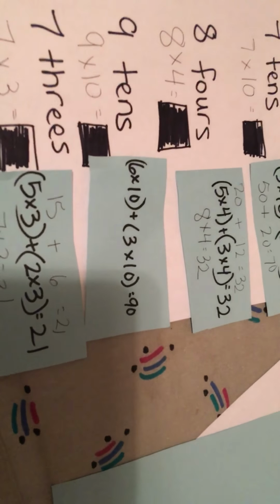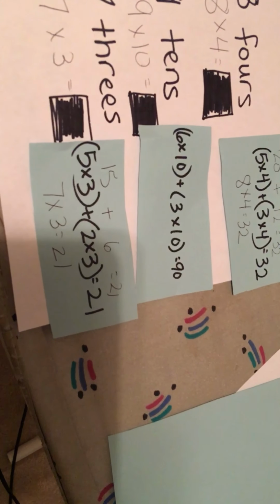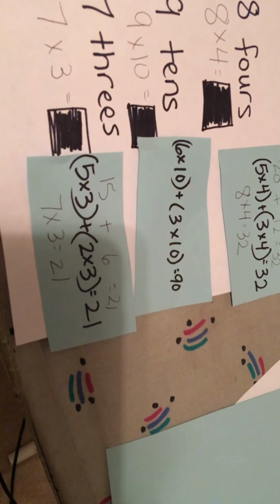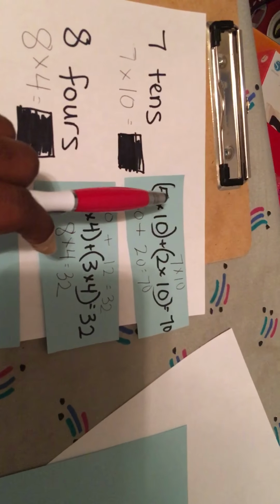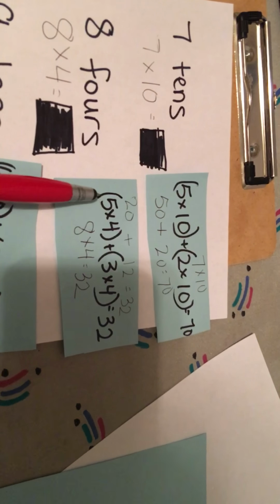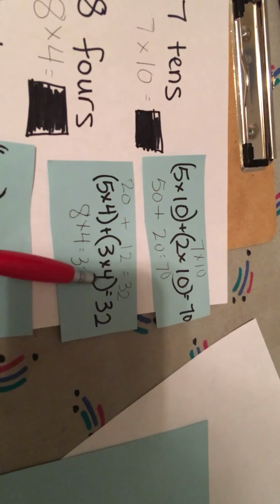Now my last fact. You guys know we just don't do this. Oh, it must be this one. We have to make sure we did it correctly because we might need to change it if we did not. So we've got 9 tens. I'm going to decompose the 9. Notice that when I said 7 tens, I decomposed the 7 and left the 10 alone. 8 fours, decompose the 8, left the 4 alone.